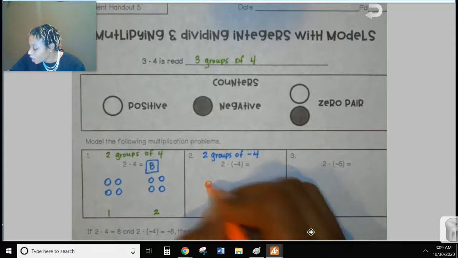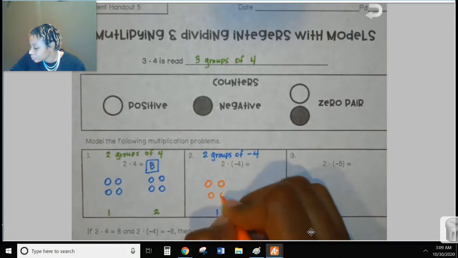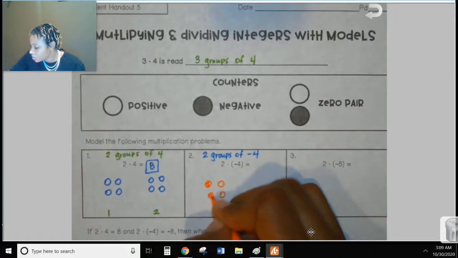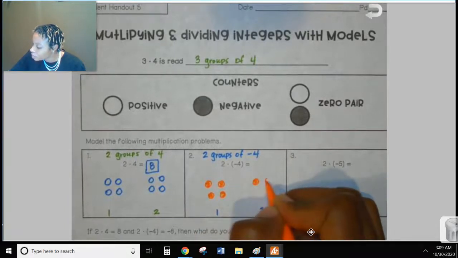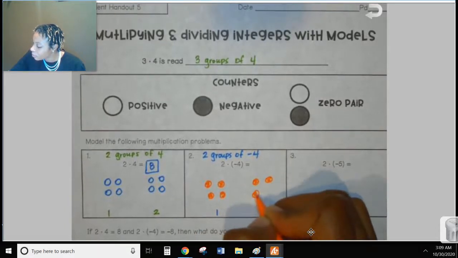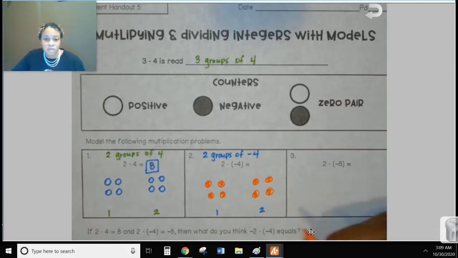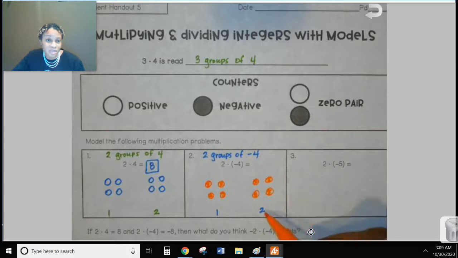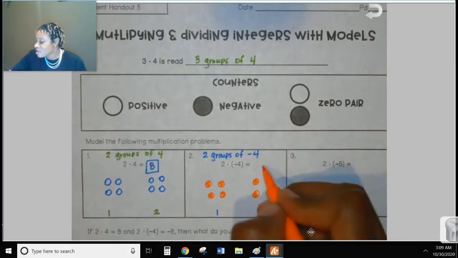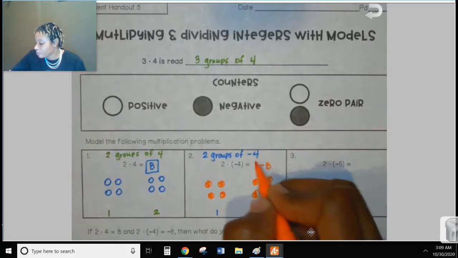In group 1, I will have 4 shaded. And in group 2, I will have 4 shaded. So now, how many do I have total? I have 8, but this time they're all shaded, so that's a negative 8.